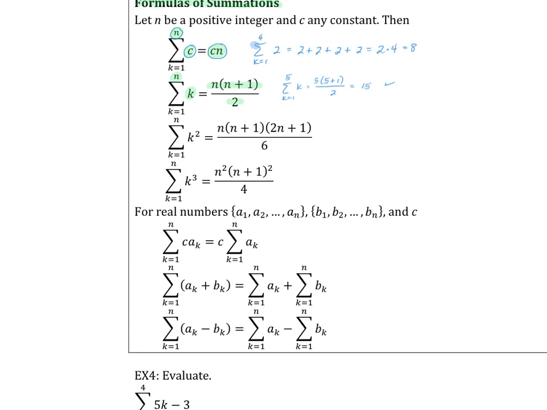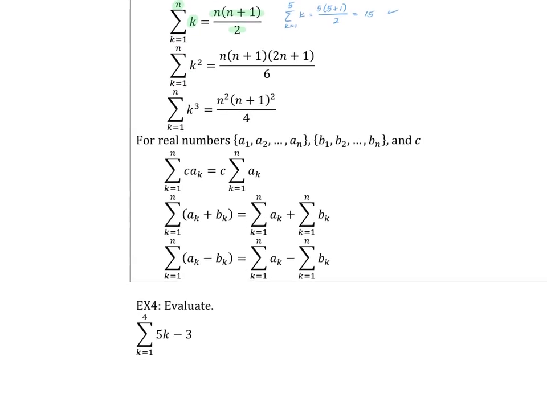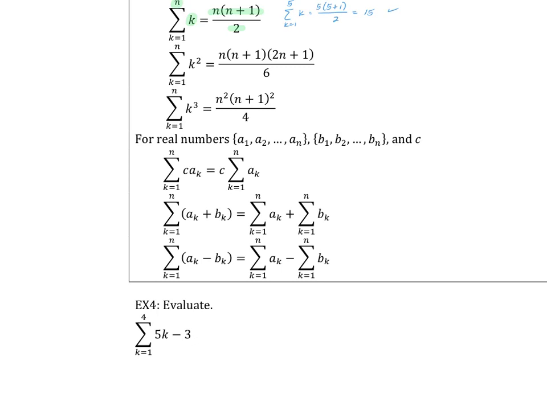And you're free to use all these formulas. Another one we had looked at earlier is k squared. This formula says that whatever your n value is, it's n times n plus 1 times 2n plus 1 over 6. So again, we really didn't have to expand out our previous example where we computed the sum from k equals 1 to 5 of k squared.